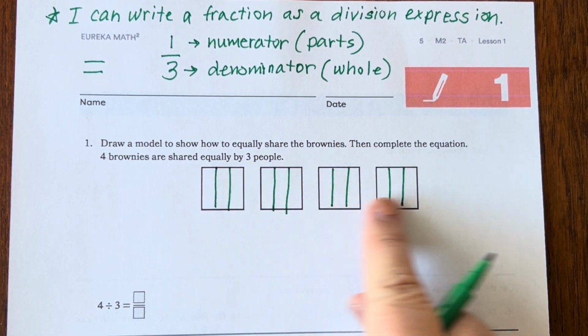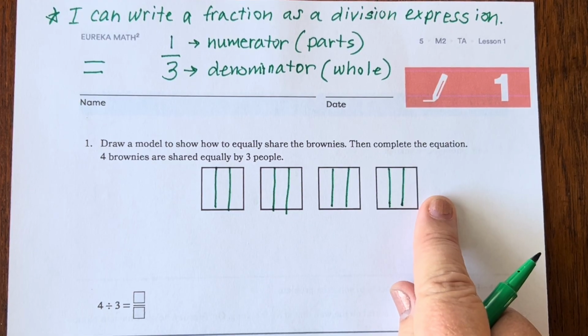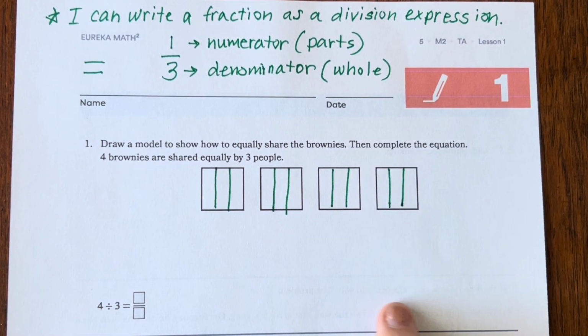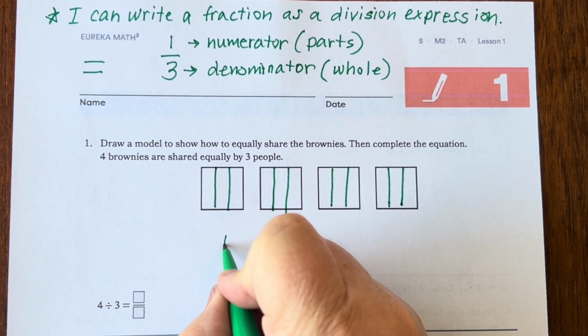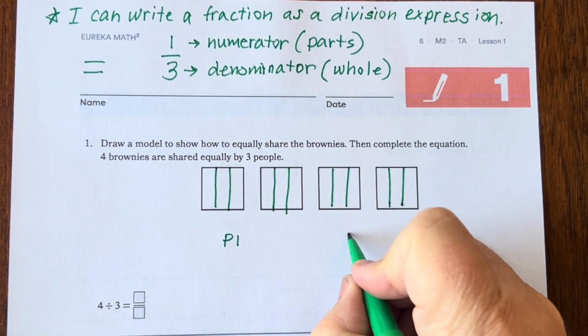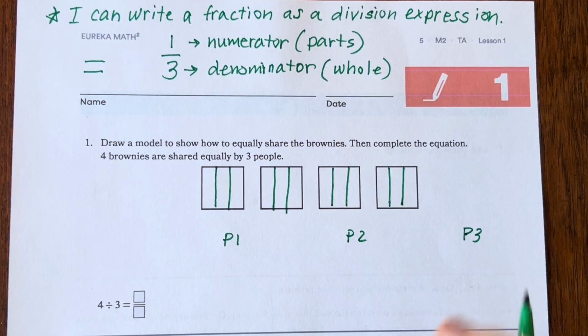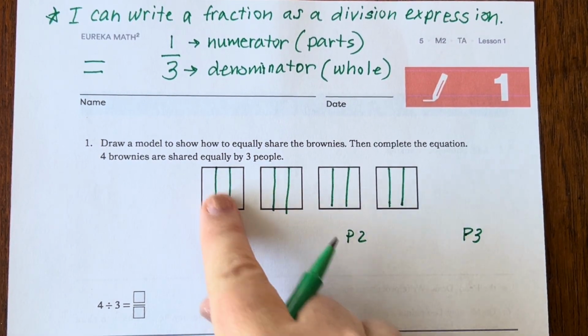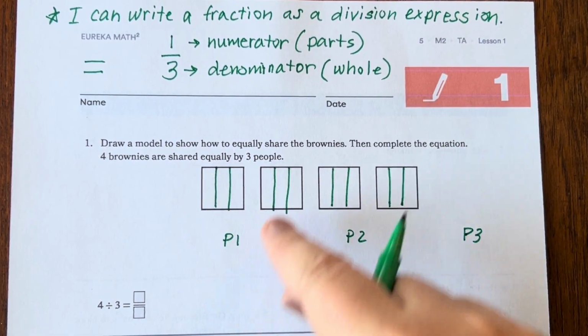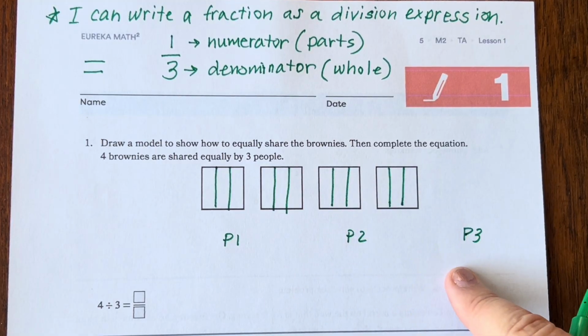But we are splitting 4 brownies between 3 people. So let's think about these 3 people. I'm going to actually label this. This is person 1, person 2, and person 3. I'm going to kind of draw a picture to show that I am handing out each piece of these brownies to these different people, okay?